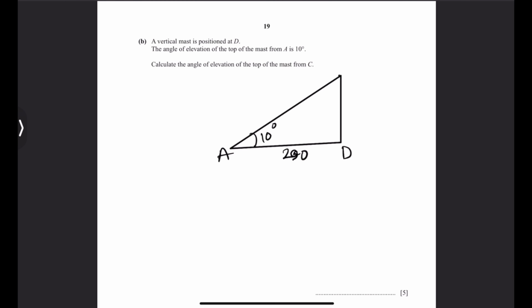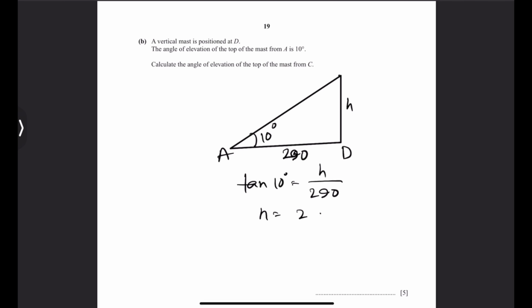Let me draw this vertical mast. This is the height, H. So tan 10 degree equals H by 290.